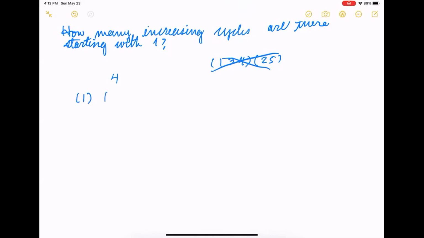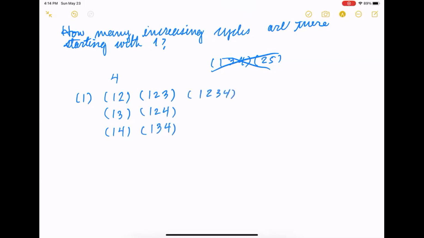There's 1, 2. There could be 1, 3, or 1, 4. There could be 1, 2, 3, 1, 2, 4, 1, 3, 4. And then there's 1, 2, 3, 4.